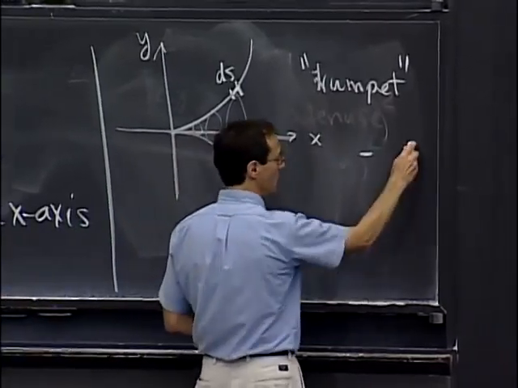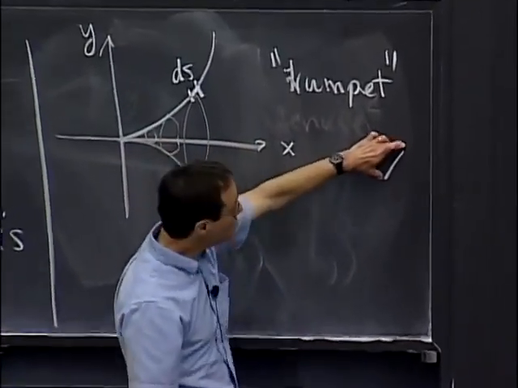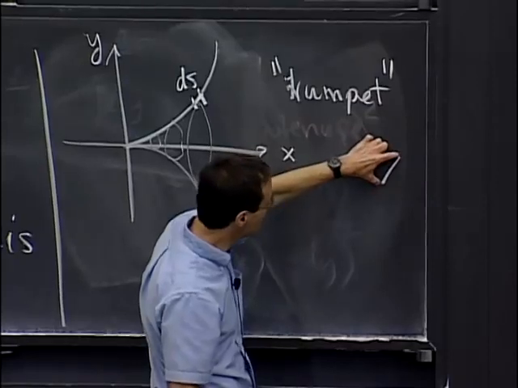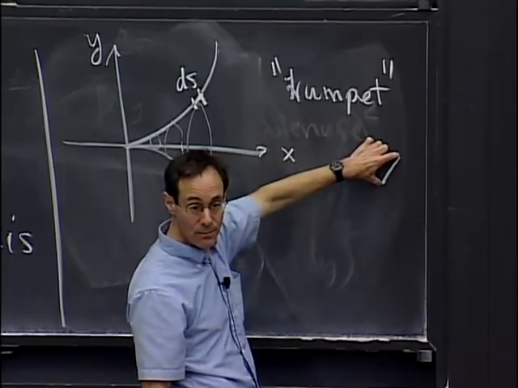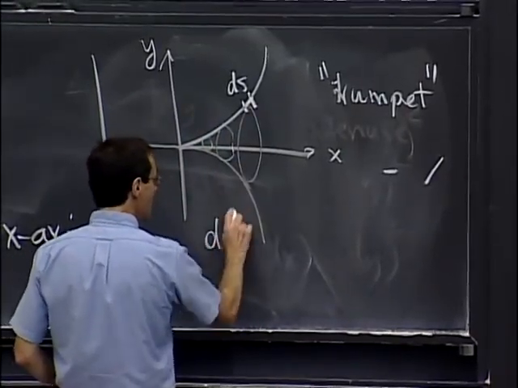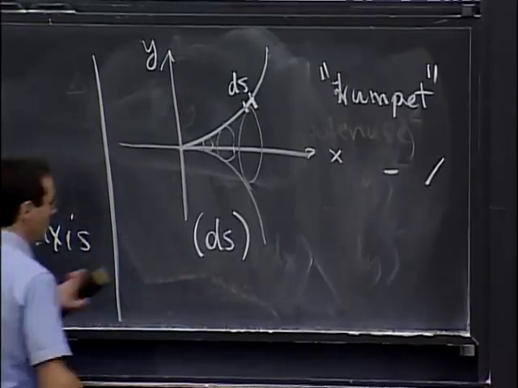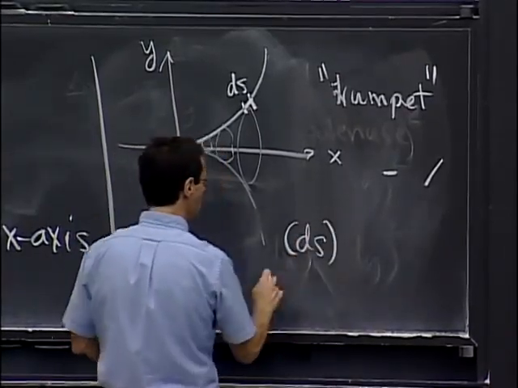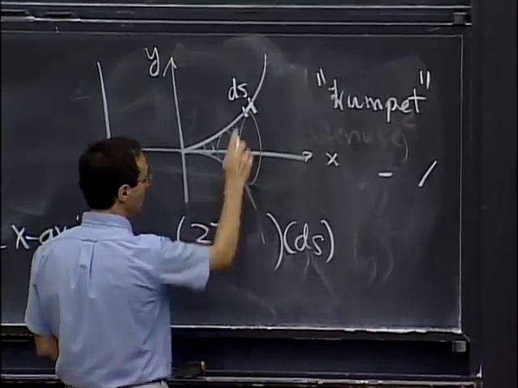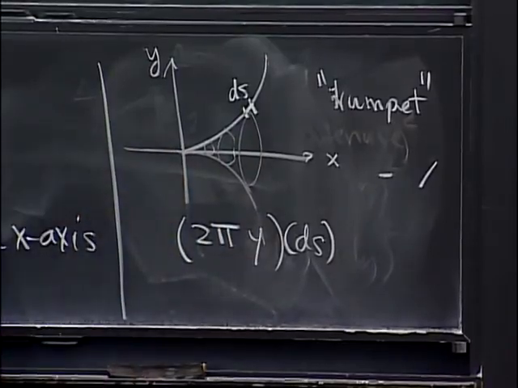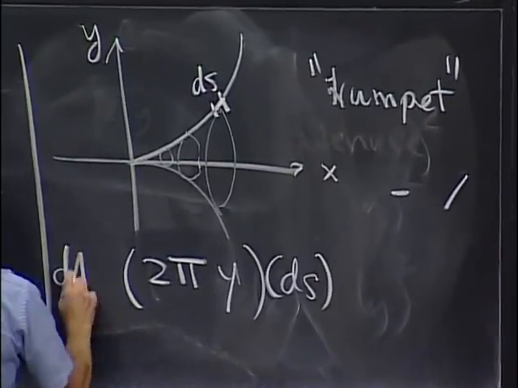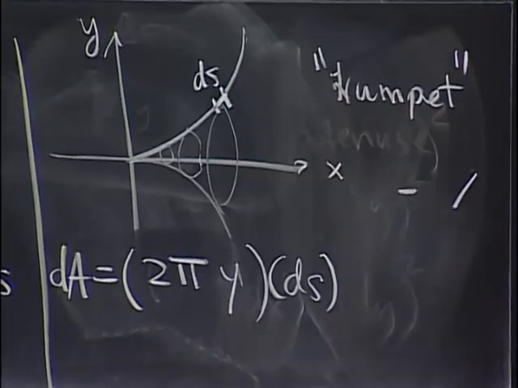But if it's tilted, then there's more surface area proportional to the amount that it's tilted. All right, so it's proportional to the length of the segment that you spin around. So the total is going to be ds, that's one of the factors here. Maybe I'll write that second. That's one of the dimensions. And then the other dimension is the circumference, which is 2 pi, in this case, y. All right, so that's the end of the calculation. This is the area element of surface area.